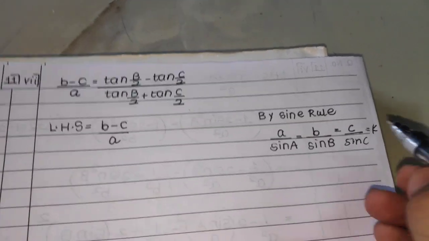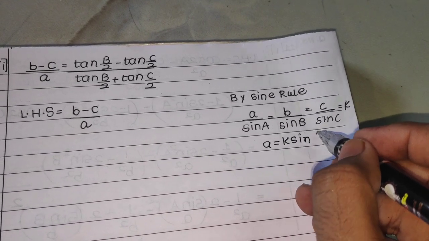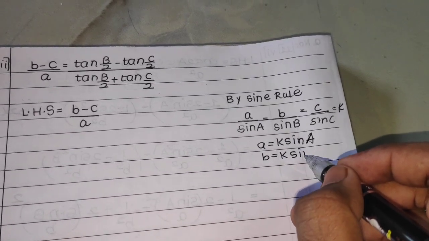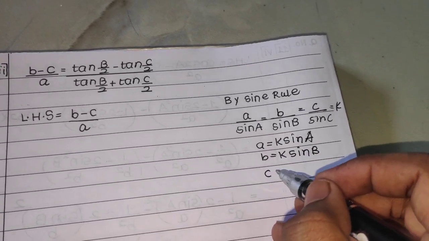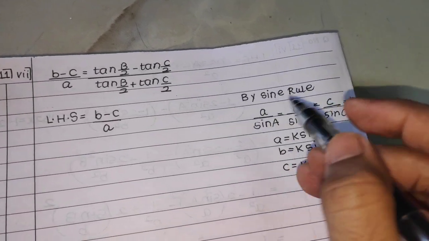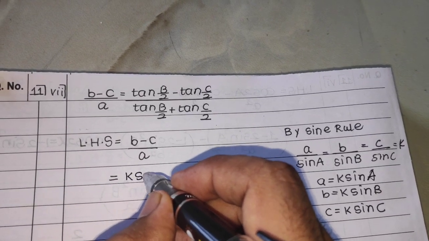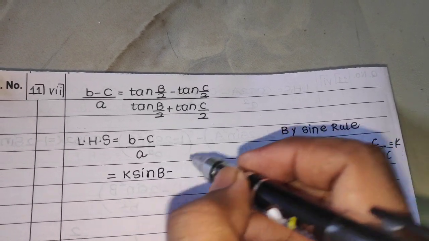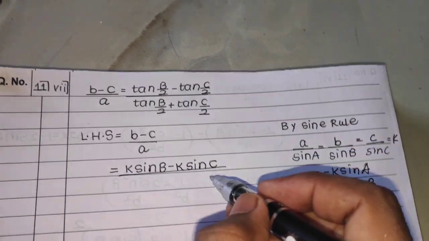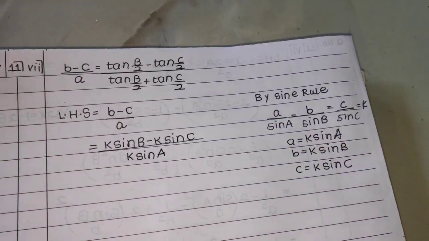And with this sine rule, we definitely get the value of a as k sine a, value of b as k sine b, and value of c as k times of sine of c. So the value of b will be k times of sine b, value of c will be k times of sine c, and value of a is k times of sine a.